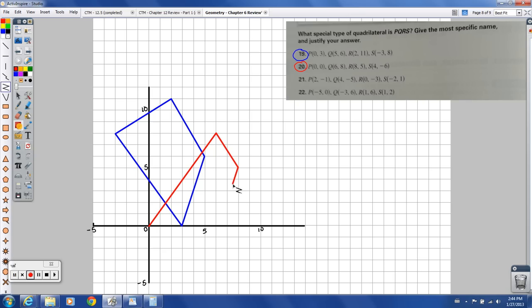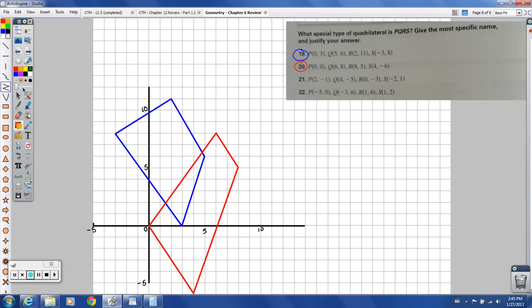And then 4, negative 6. 4. It's going to be down there. Negative 6. I missed that one, but I got enough room so I can squeeze it in. That'd be like right there. 4, negative 6 right there. Come on, there we go. And reconnect that. Okay, so what kind of quadrilateral is that one?